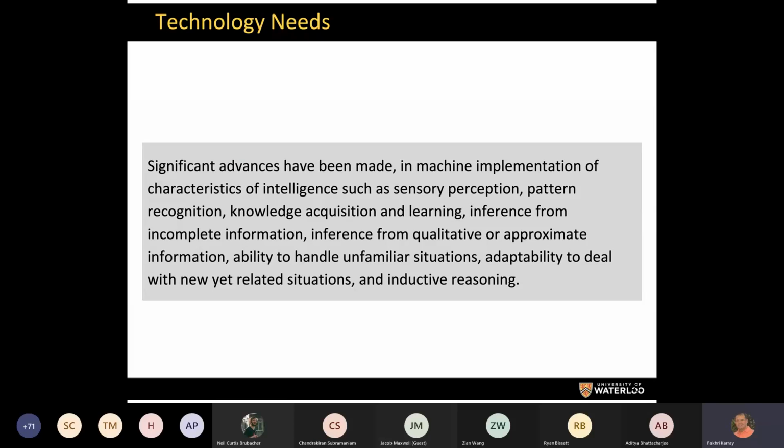A lot of innovations are being made on a daily basis in research centers around the world, in machine learning, fuzzy logic systems, Bayesian networks, and inductive reasoning. All of these compose what we call significant advances, and no one particular tool can be utilized for all types of applications.